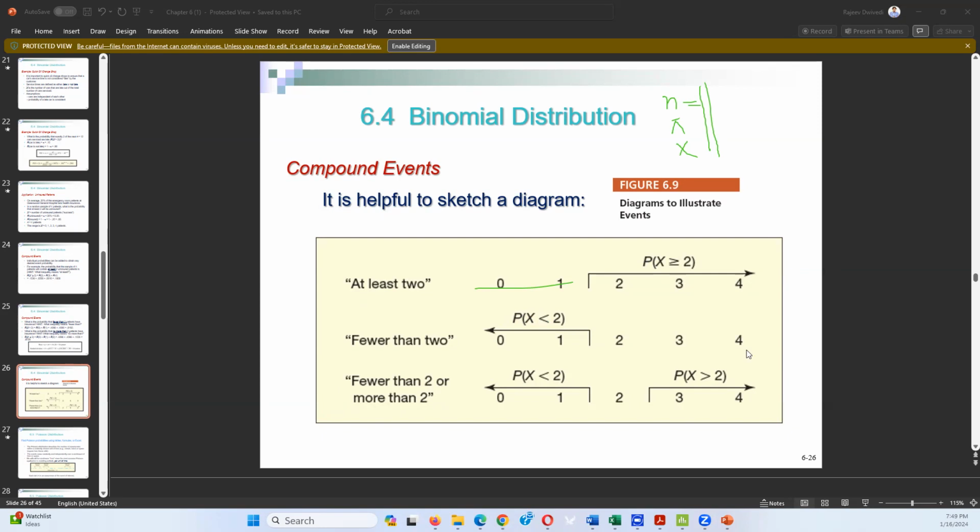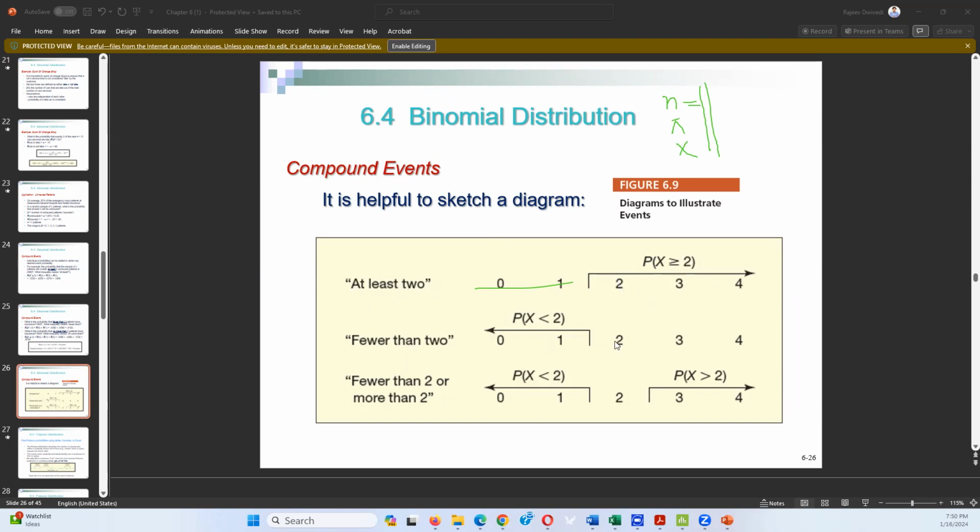Whenever you solve any compound event probability, think about what the question is demanding and what the x value is, because the x value is very important. At least 2 includes 2, 3, 4, 5, 6, whatever is beyond that. So at least includes 2, 3, 4.